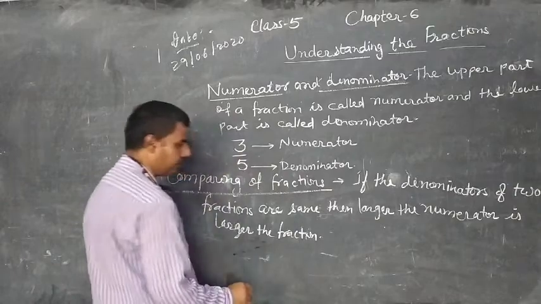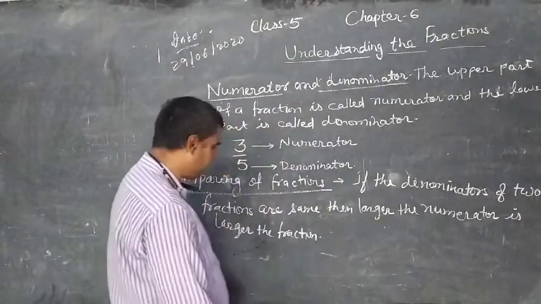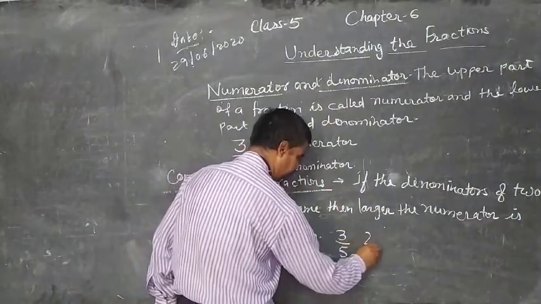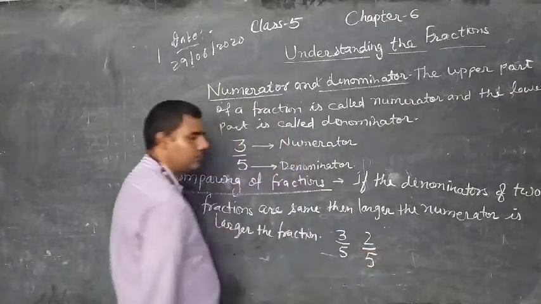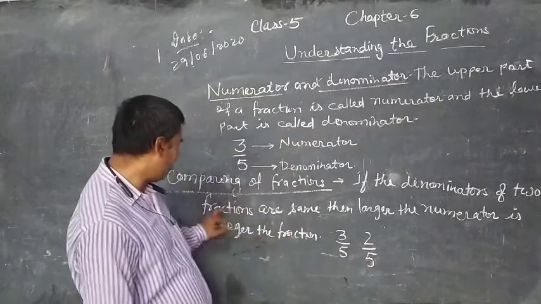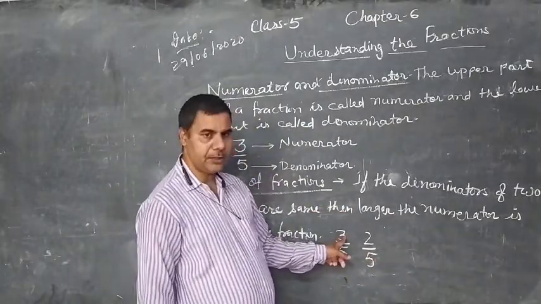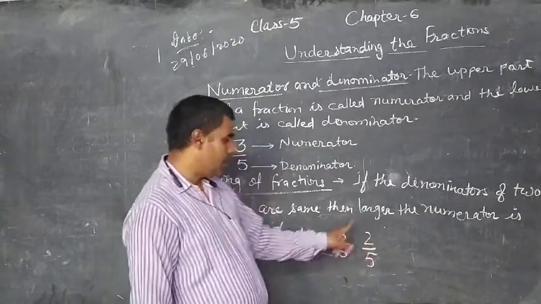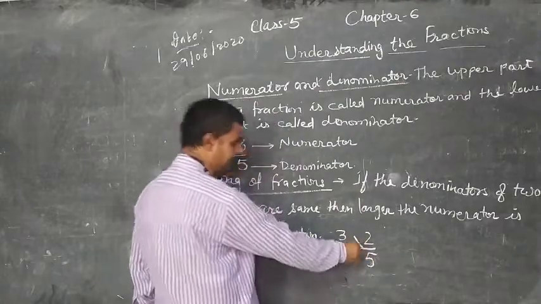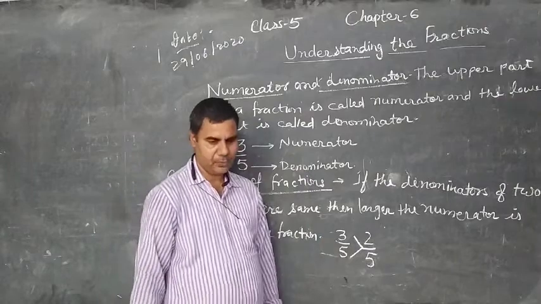Means, suppose there are two fractions, 3 upon 5 and 2 upon 5. Here the denominators are same, so the rule is larger the numerator, means 3 is larger and 2 is smaller. Larger the numerator is larger the fraction, means 3 upon 5 is larger.